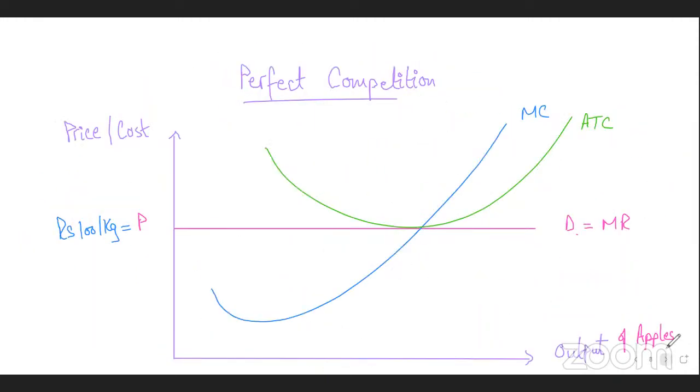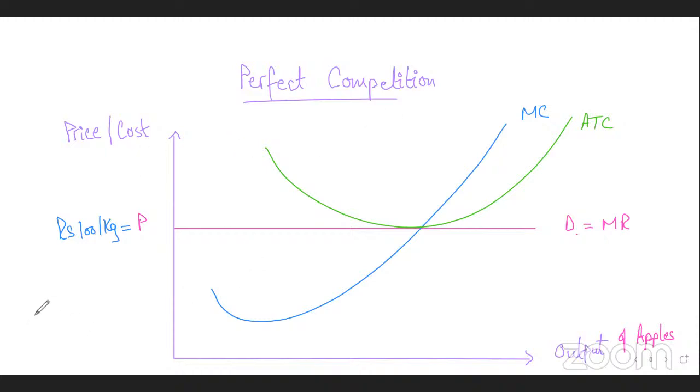Okay. Now think about this. Now comes the main part. Amna and everyone else, you have to pay close attention. The first question you have to ask yourself is whether this firm in perfect competition is economically efficient or not.